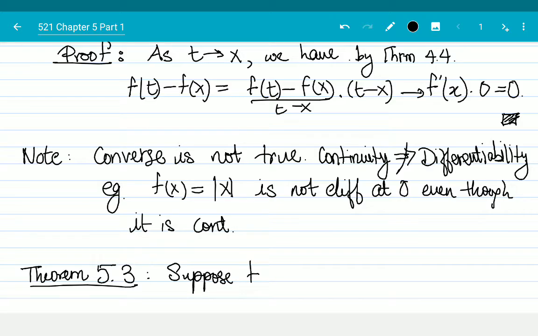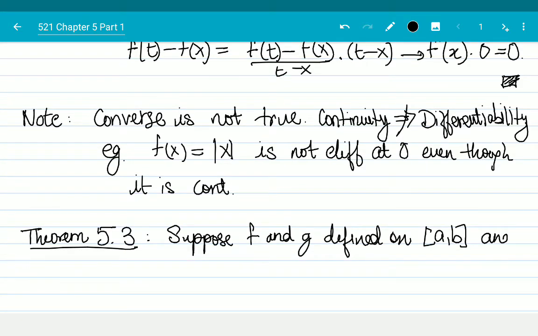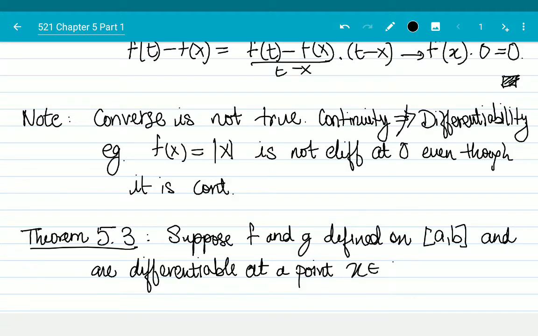Suppose f and g are defined on [a, b], and both are differentiable at least at a point x belonging to [a, b].